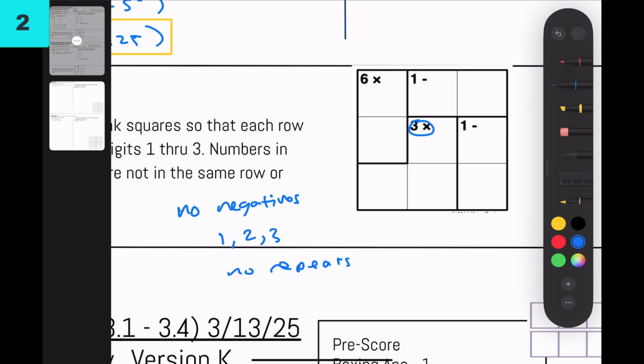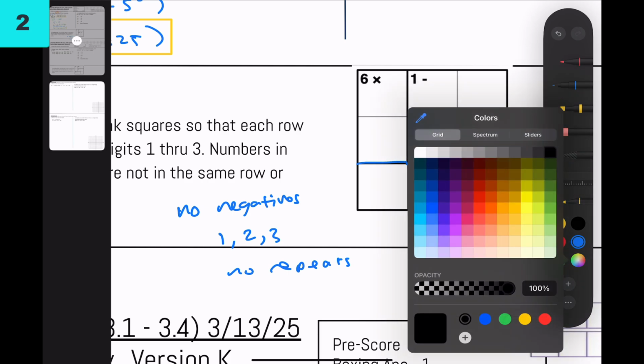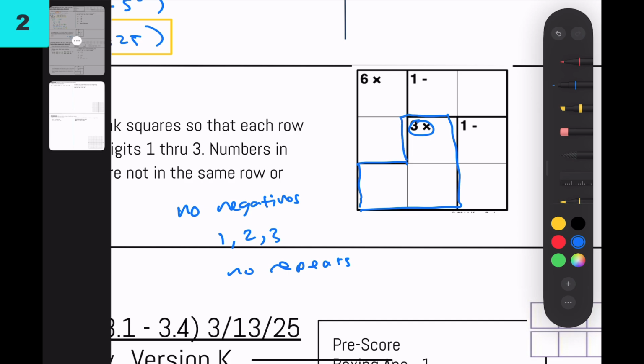This one says 3 numbers that will multiply to be 3. So that's going to be 1 times 3. Now, you have to have 3 numbers, so in the corner ones like this, you just have those numbers repeat. Okay, so now I need 2 numbers that multiply to be 6. I'm thinking of 3 and 2, and I'm not quite sure, so I'm just going to put 3 and 2 right there for now.